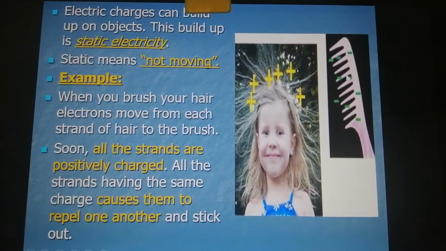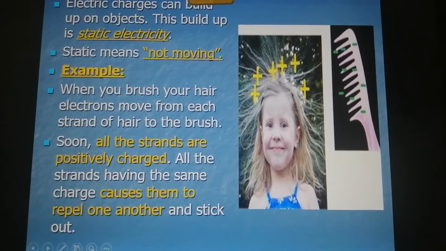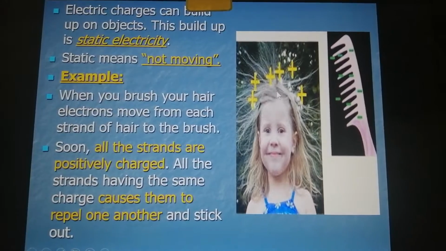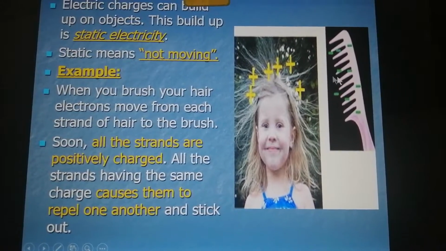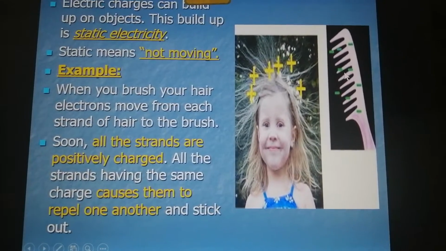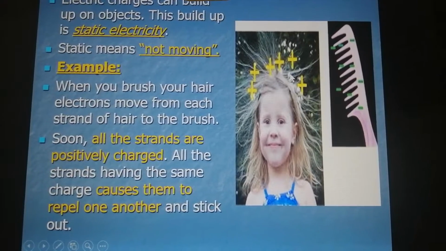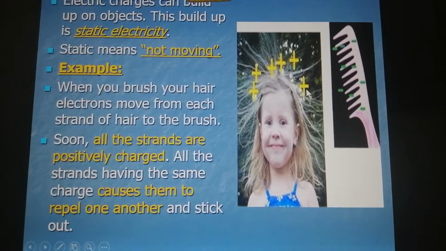When you start combing your hair with this comb, the negative charge that is in your hair will be lost to the comb. You will lose your negative charge to the comb. So the comb will become negative and your hair will become positive. You built positive charge in your hair.